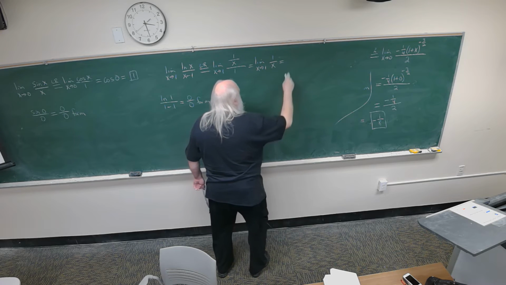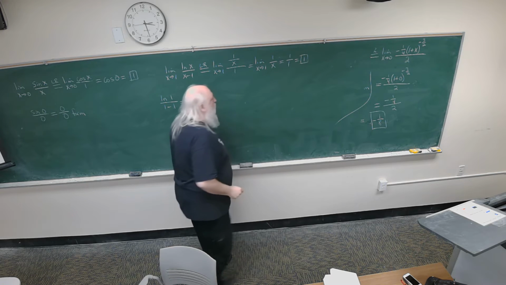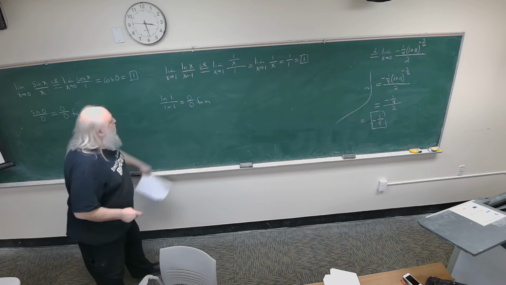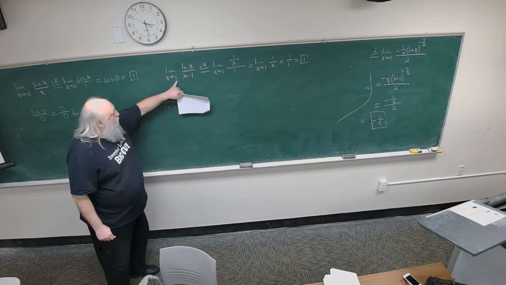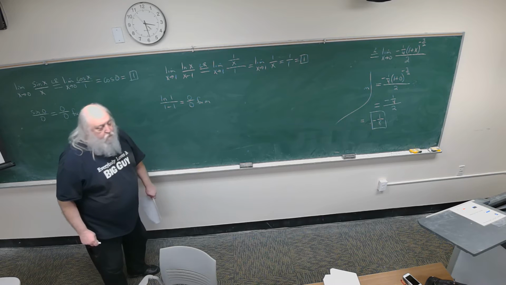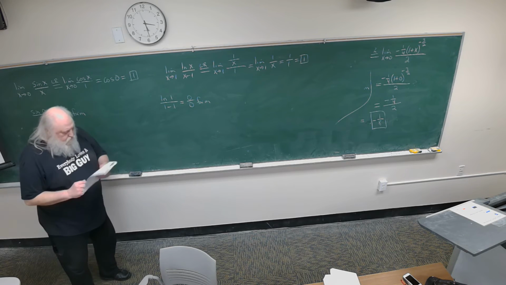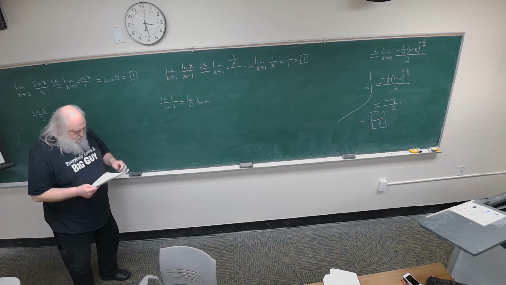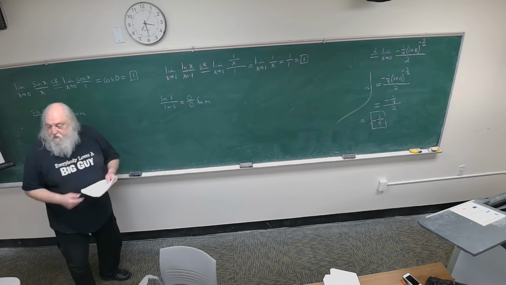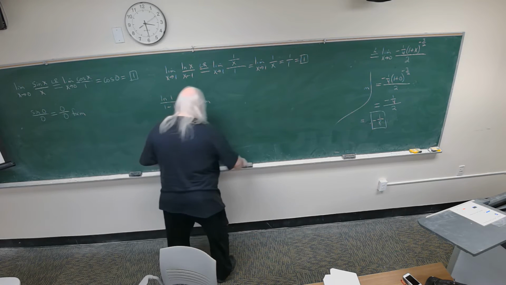When you do the direct substitution, you get 1 over 1, which is equal to 1. So this function is undefined at x equals 1, but the limit as x approaches 1 of this function is equal to plus 1. All right, any questions on that? Okay.